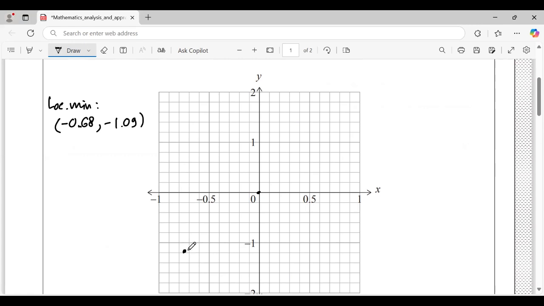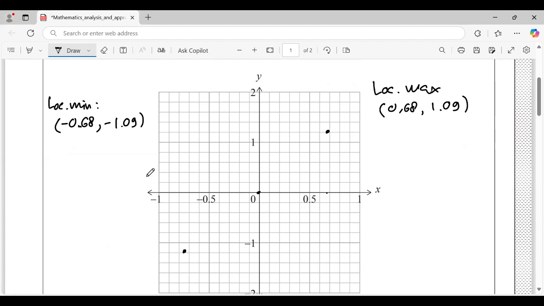And the local maximum is 0.68, 1.09, around here. Okay.